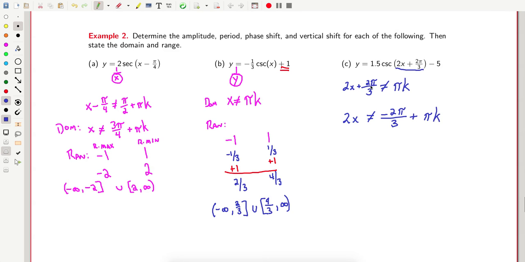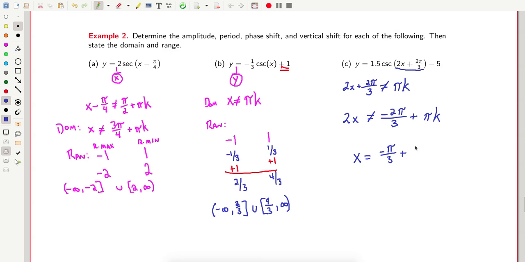So these are not like terms, so we can't subtract them and get something new, because this has a k and this one does not. Then either divide everything on both sides by 2 or multiply everything on both sides by a half. -2 pi over 3 times a half is -pi over 3. And then pi times k, multiply that by a half or divide it by 2.